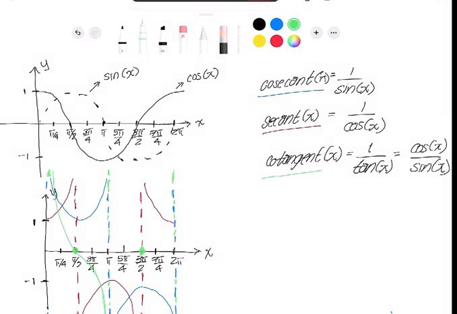From pi to 3 pi halves, both sine and cosine are negative, so it's going to be positive. So it's going to go from infinity down to 0, and then from 3 pi halves to 2 pi, cosine is positive, but sine is negative, so it's going to go down to negative infinity as such.